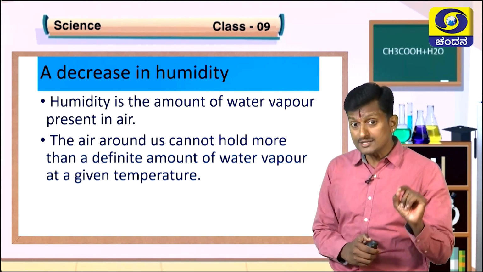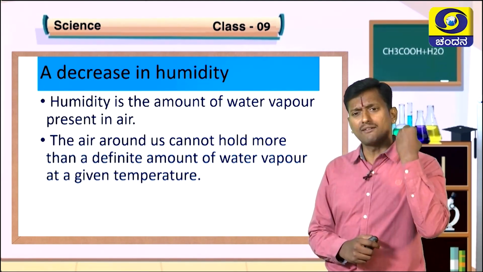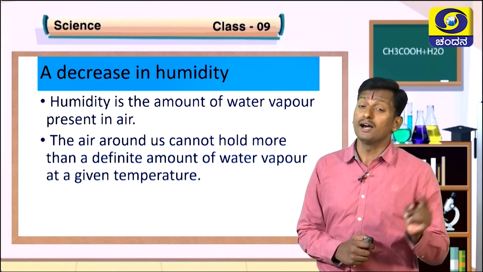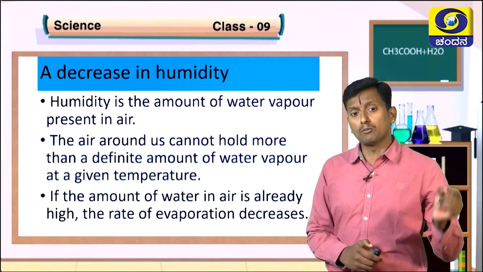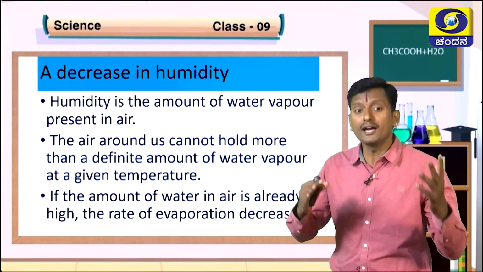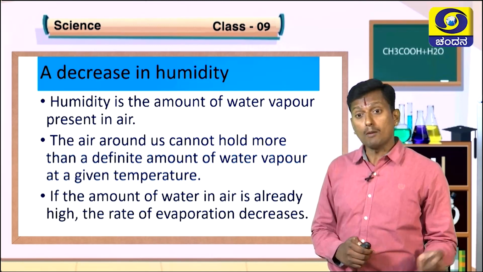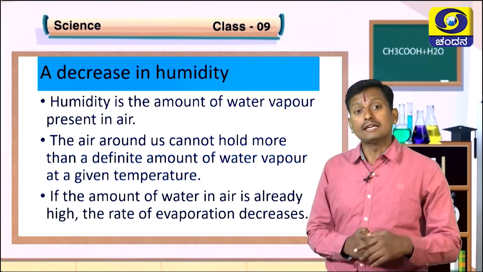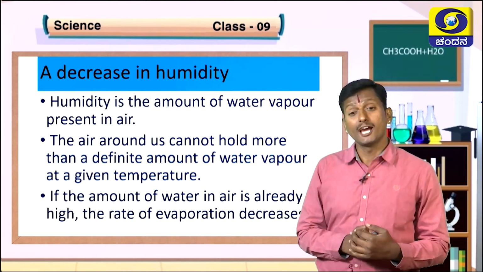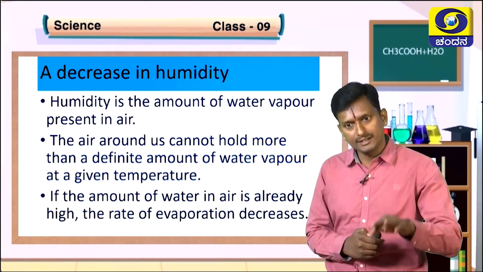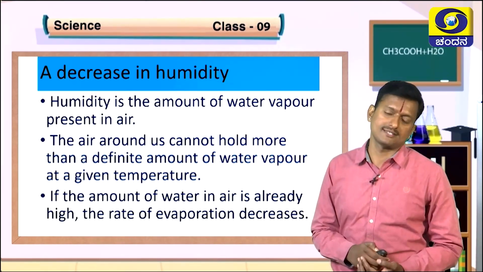The air around us cannot hold more than a definite amount of water vapor at a given temperature. If the amount of water in air is already high, the rate of evaporation decreases. So, evaporation decreases by increasing humidity. Evaporation increases by decreasing humidity, and vice versa.